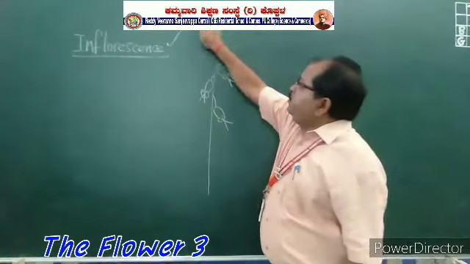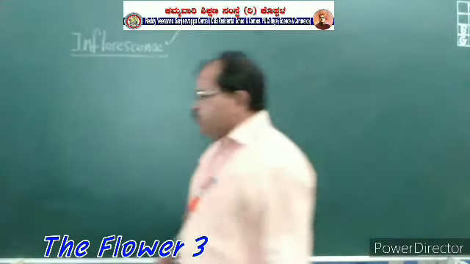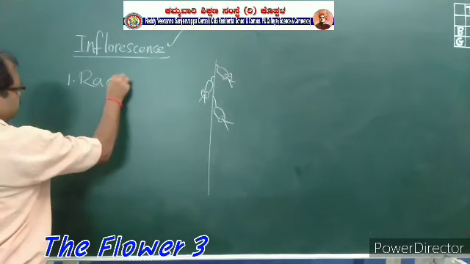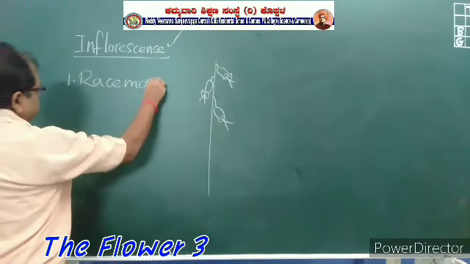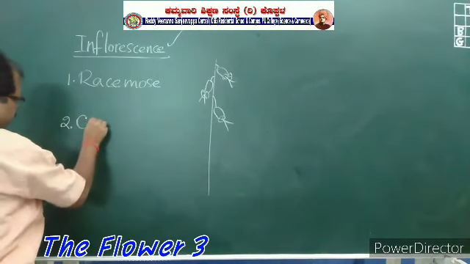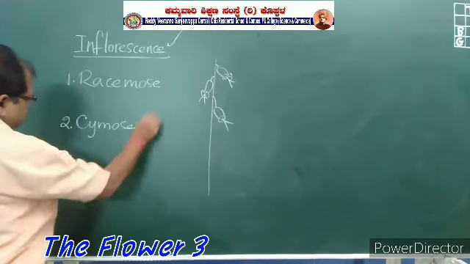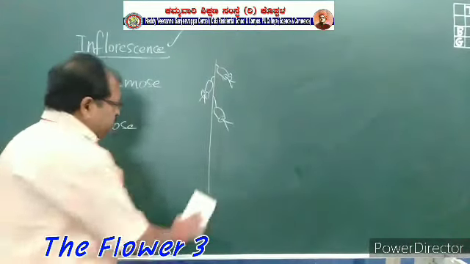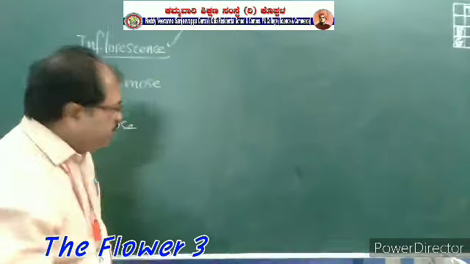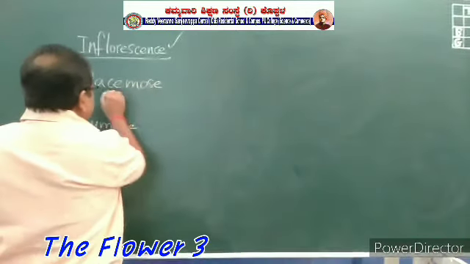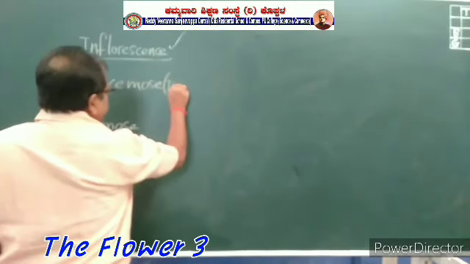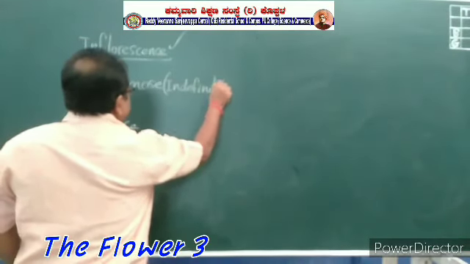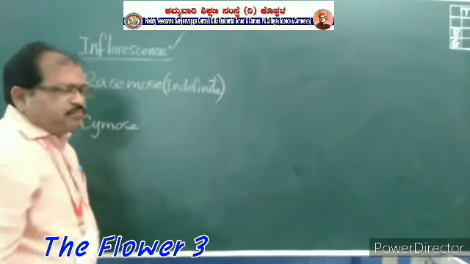Based on the arrangement, inflorescence is of 2 types: racemose inflorescence and cymose inflorescence. Let us see racemose inflorescence. It is also called indefinite inflorescence.